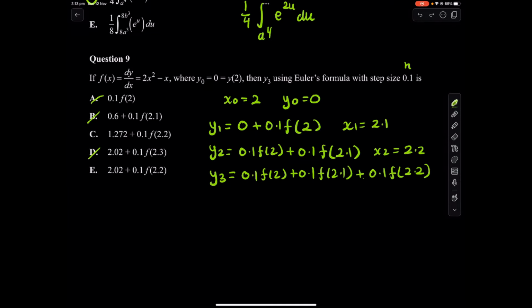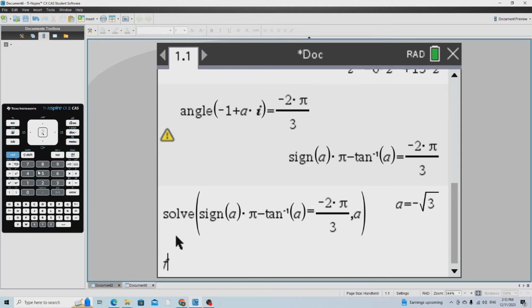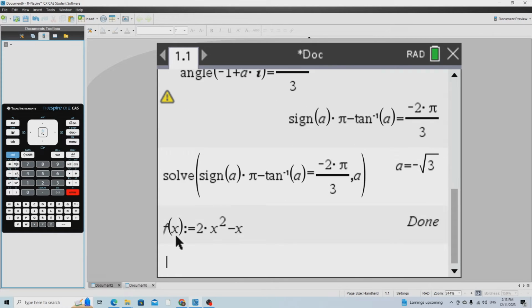And yeah, let's do that. See what that gives us. So using your CAS, we're saying that if we define f of x as 2x squared minus x, we get 0.1 times f of 2 plus 0.1 times f of 2.1.